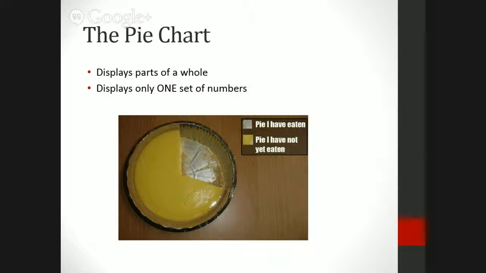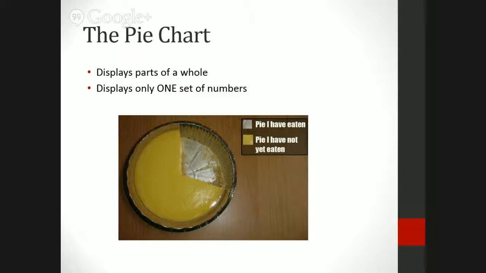Okay? You know, pie chart, that's a biggie. How much pie do I have left? Here's a pie, and I have a little under, I don't know, 3/4 of it left. This could be 3 million widgets, or this could be 4 million widgets.